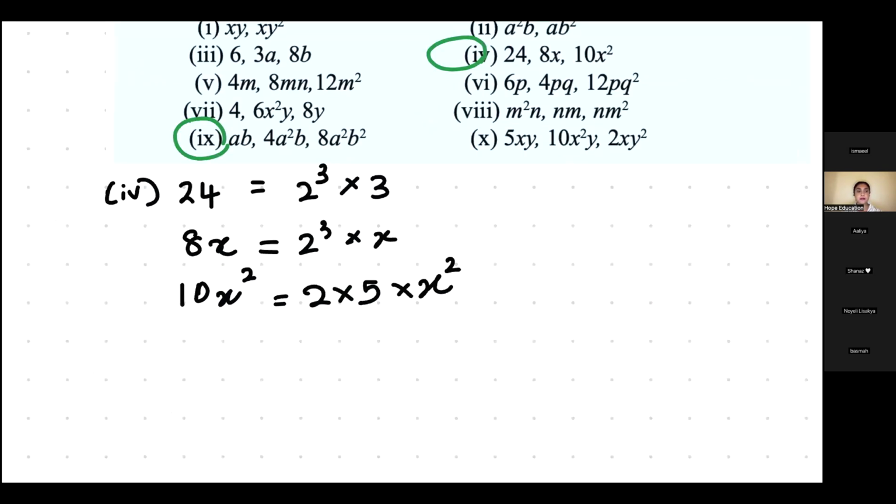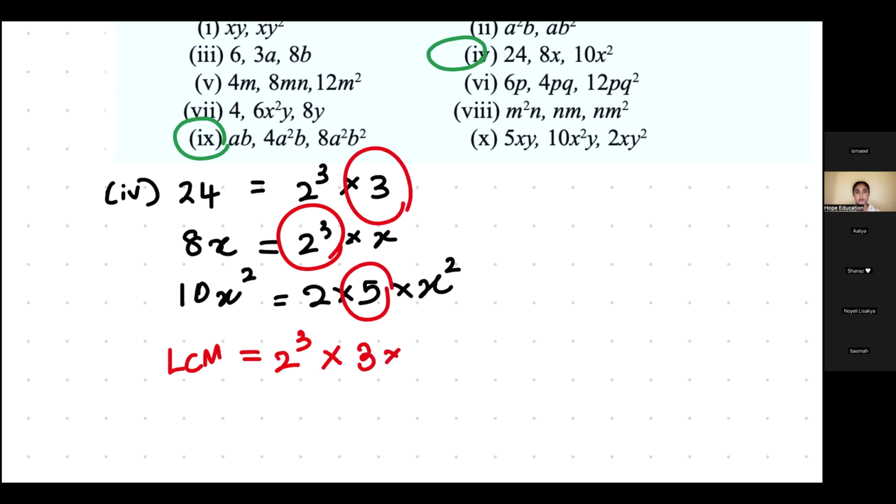Then LCM, the highest power of every factor. The highest power of 2 is 2 to the power 3, right? The highest factor of 3 is 3. The highest factor of 5 is 5. The highest factor of x is x squared.